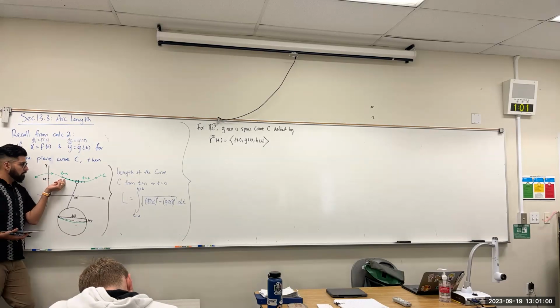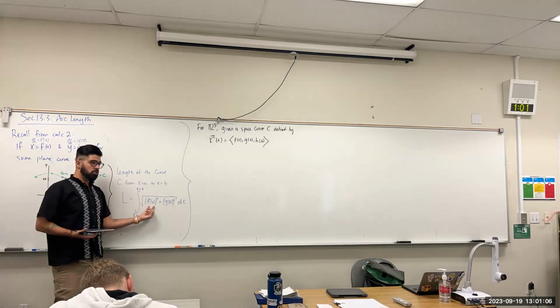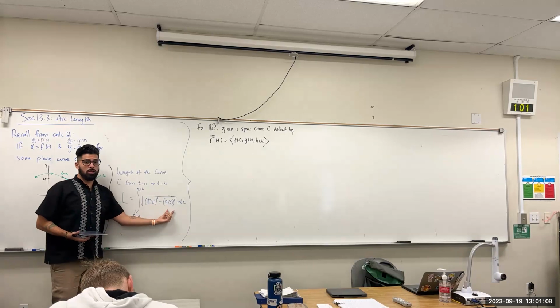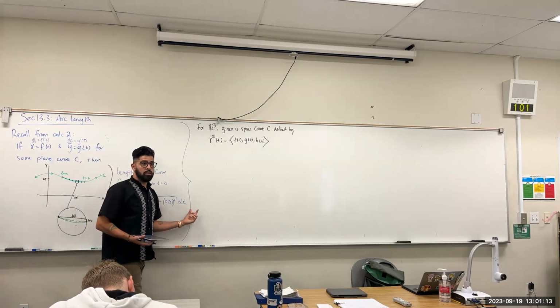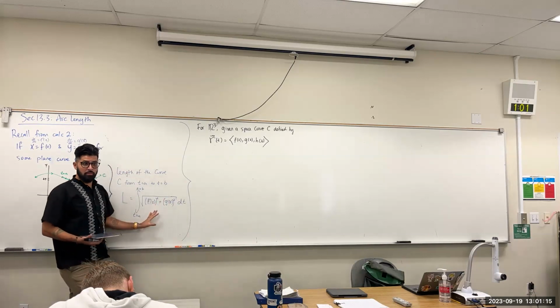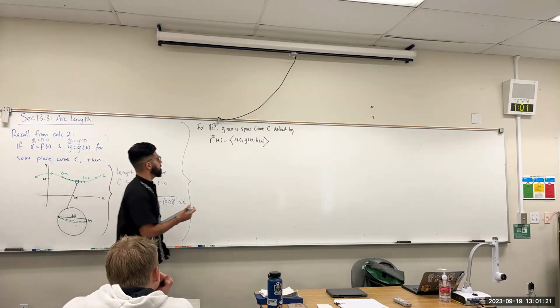But now, if you guys remember the distance formula in 3 dimensions, it wasn't just the change in x squared plus the change in y squared. What else was involved? The change in z squared. So it's going to look pretty much the same thing because of how we find distances using the distance formula. Okay?